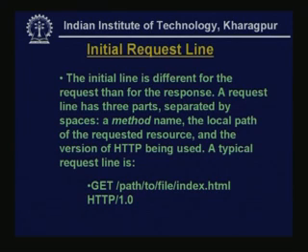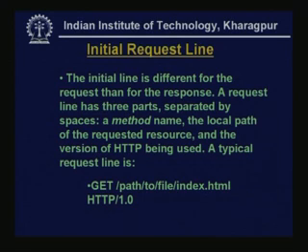The initial line is different for the request than for the response. A request line has three parts separated by spaces: a method name, the local path of the requested resource, and the version of HTTP being used. A typical request line is GET /path/to/file/index.html.